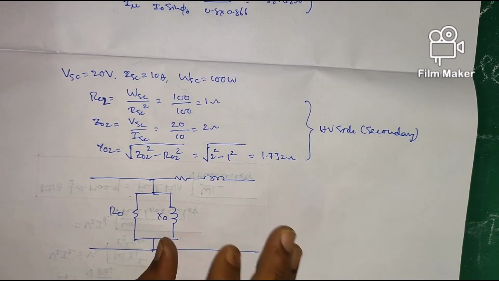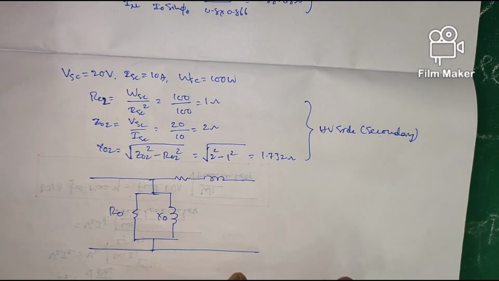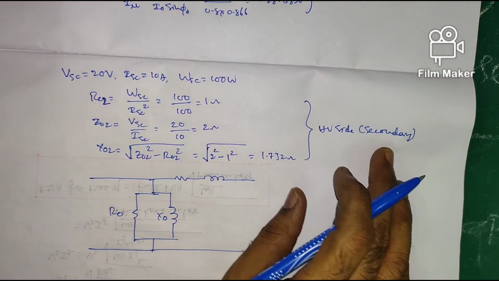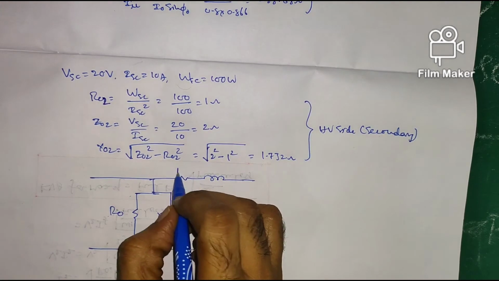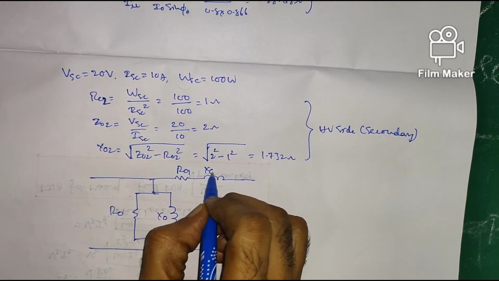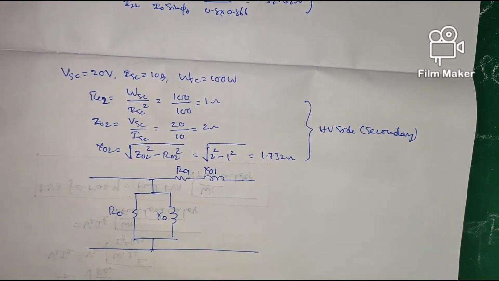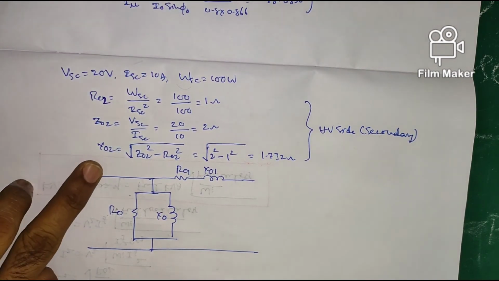So that can be either primary side or secondary side. So here what I do is I represent these secondary parameters with respect to the primary side. So R0, X0 and R01 and X01. Now we have to find out R01 and X01 from the data R02 and X02.